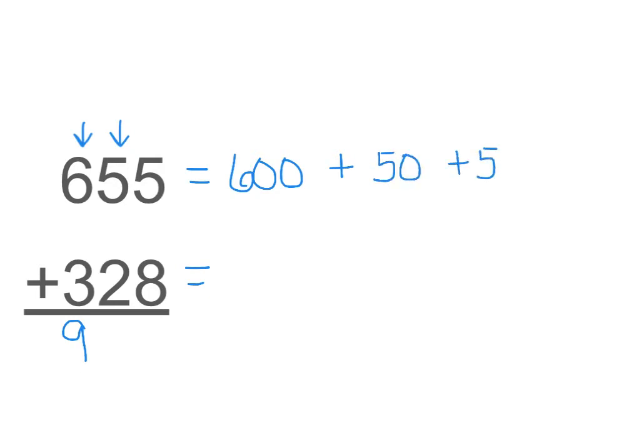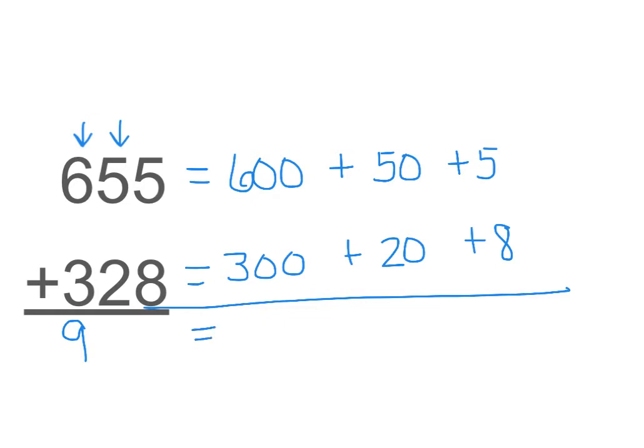655 plus 328. Look at the hundreds. You know that's 900. Did we make another 100? No. So we know it's 900 something. So 600 plus 50 plus 5, 300 plus 20 plus 8. 600 plus 300 equals 900. 50 plus 20 equals 70. 5 and 5 make it 10.